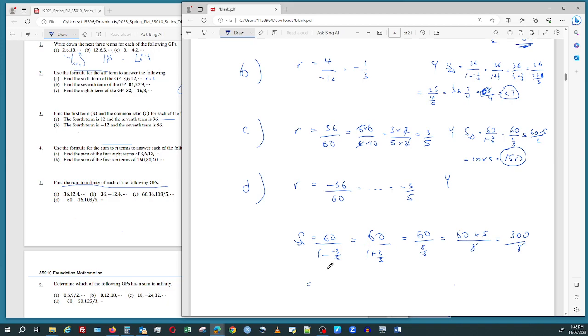And I reckon 2 goes into all of those. 4 2s are 8, and 150 times 2. So they cancel. So it's 150 on 4. And I reckon you could do that again. So 75 on 2. So that's your final sum for that one. Okay, very interesting. Very, very interesting.